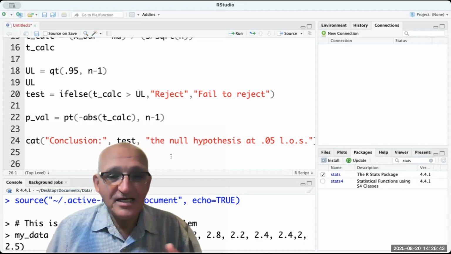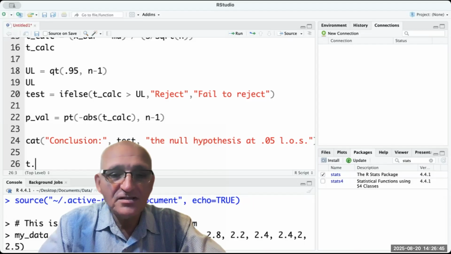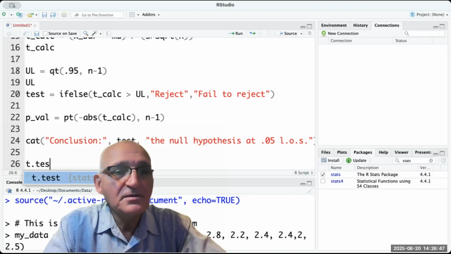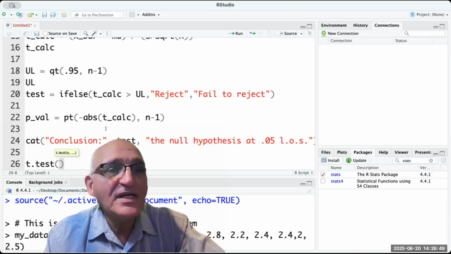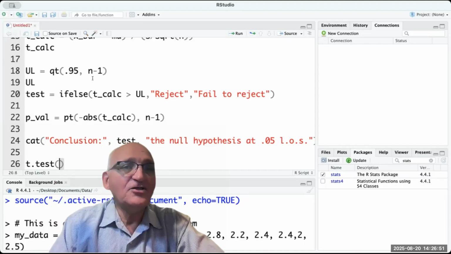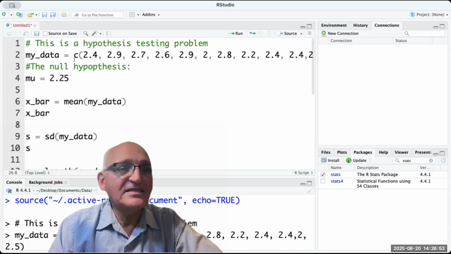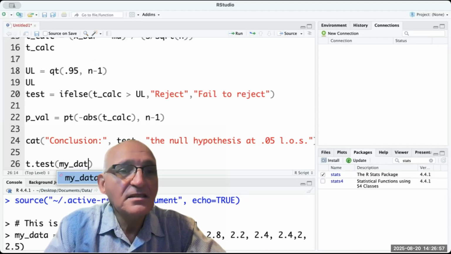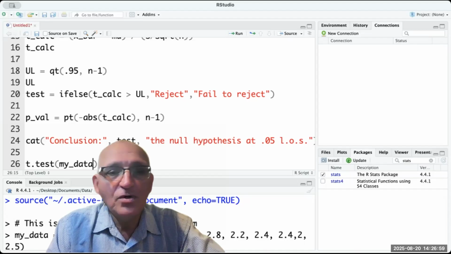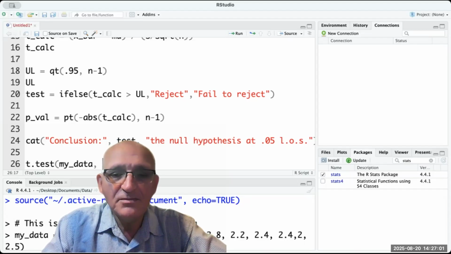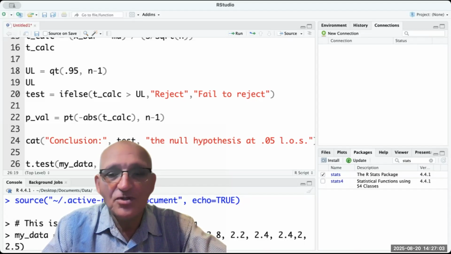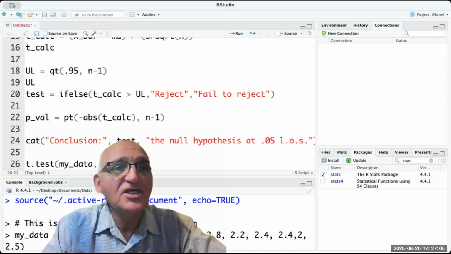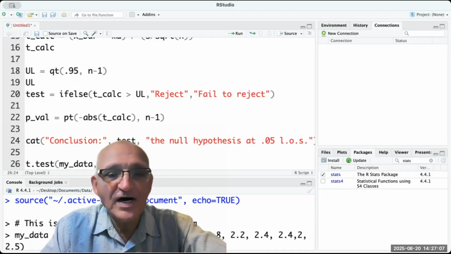The way you check it is to say t.test. It asks you, what is your x? My x is the vector of my data, so I will enter my data. It will ask you, what is mu? You say mu, which is mu sub 0, H sub 0, equals 2.25.